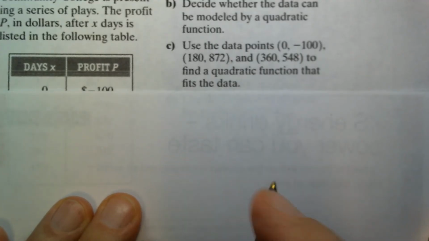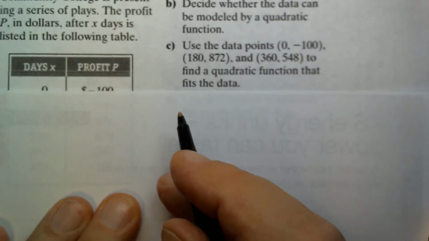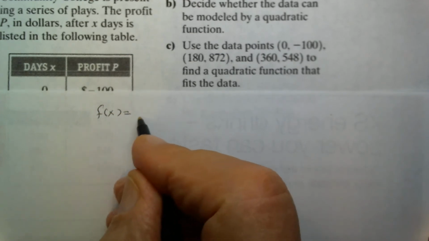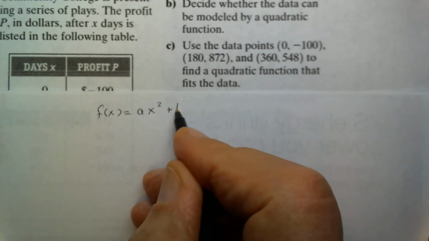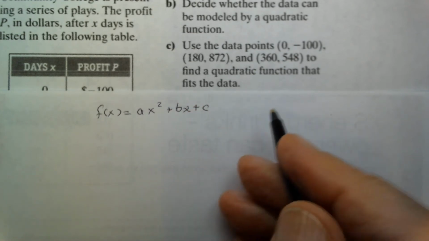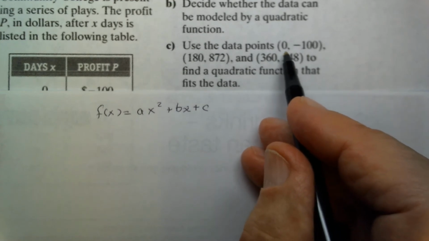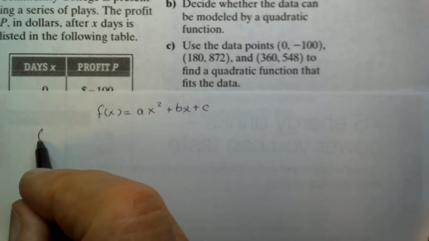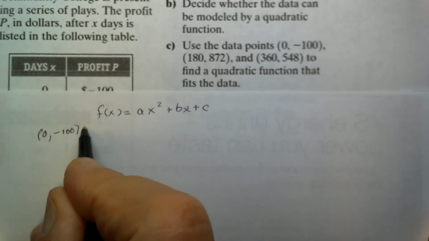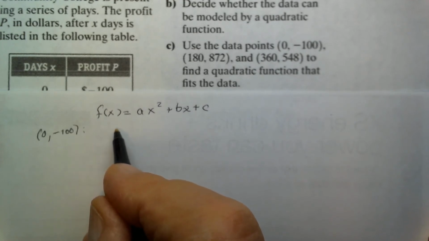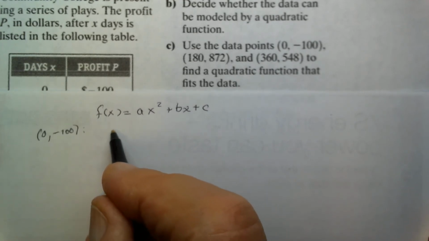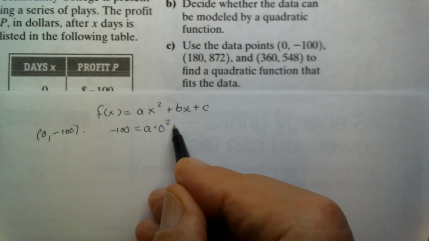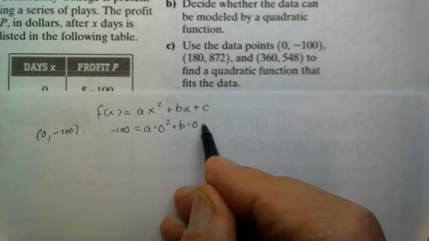Next, let's use the data points to find the quadratic function that fits the data. So we begin with f of x equals ax squared plus bx plus c. And using the first data point, for x equals 0 and f of x being -100, we get -100, the function value, equals a times 0 squared plus b times 0 plus c.